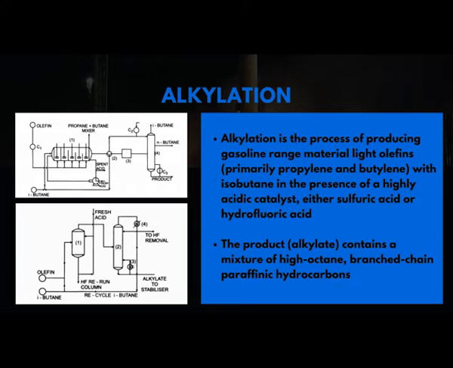Primarily, alkylation units are categorized into two categories: they can operate with the help of sulfuric acid or hydrofluoric acid. The product, known as alkylate, contains a mixture of high-octane branched-chain paraffinic hydrocarbons which can be blended into the gasoline pool.